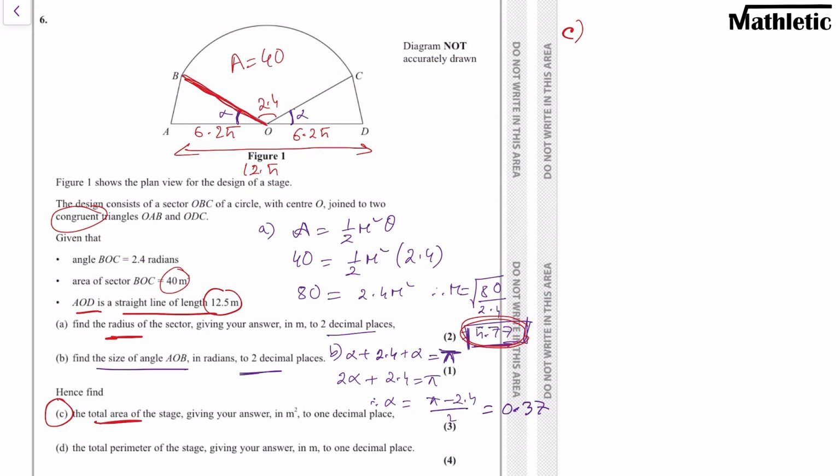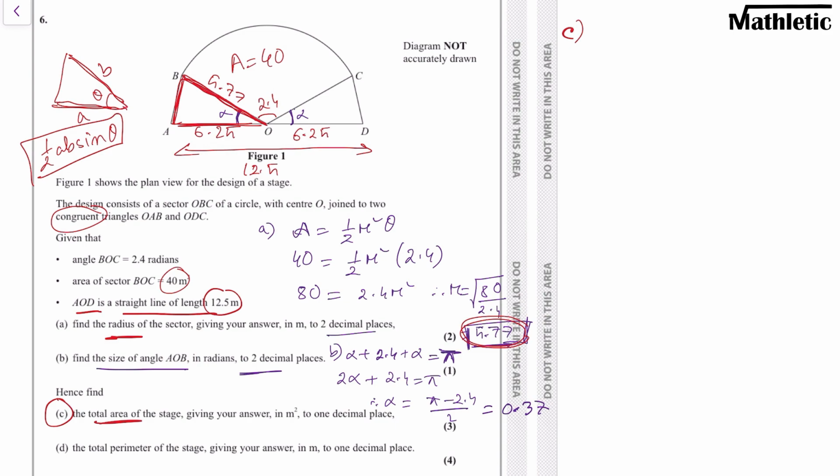So OB is 5.77. So if you just consider this triangle AOB, for any triangle, if you know the length of two sides and the angle, the area is half ab sine theta, or half ab sine C, right? So similarly we have the sides 6.25 and 5.77.